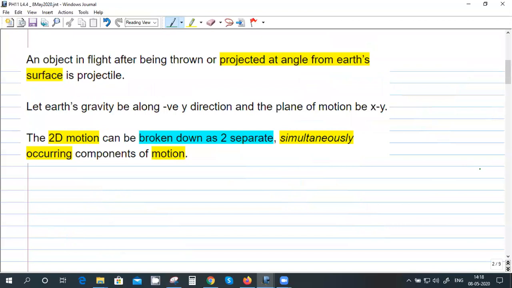An object in flight after being thrown or projected at an angle from Earth's surface is projectile motion. Earth's gravity is along the negative y direction and the motion is in the xy plane.